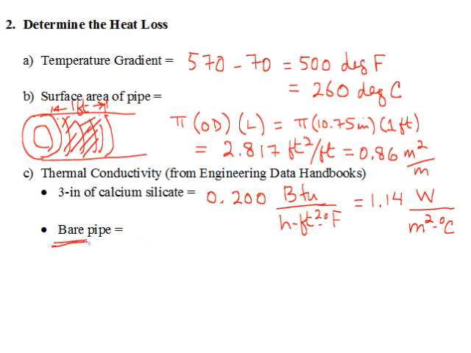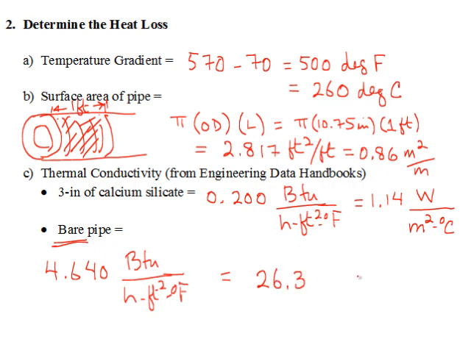For the bare pipe, the uninsulated pipe, those same values would be 4.640 BTUs per hour per square feet per degrees Fahrenheit, or in the metric system comes to 26.3 watts per square meter per degrees Celsius.